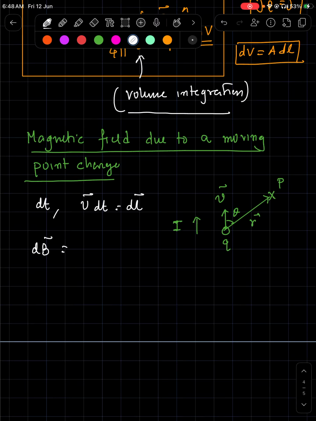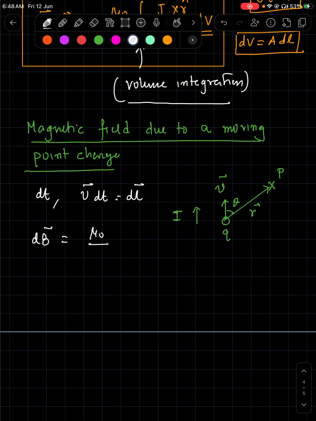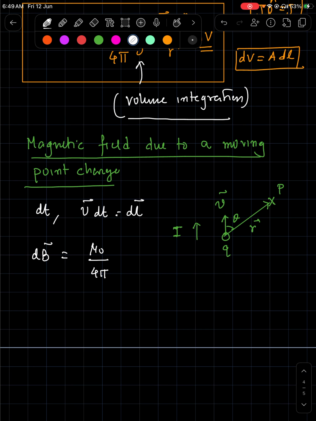So dB is simply mu naught by 4 pi, and we are going to write mu naught I dl cross r cap by r square. Now we are going to write everything.